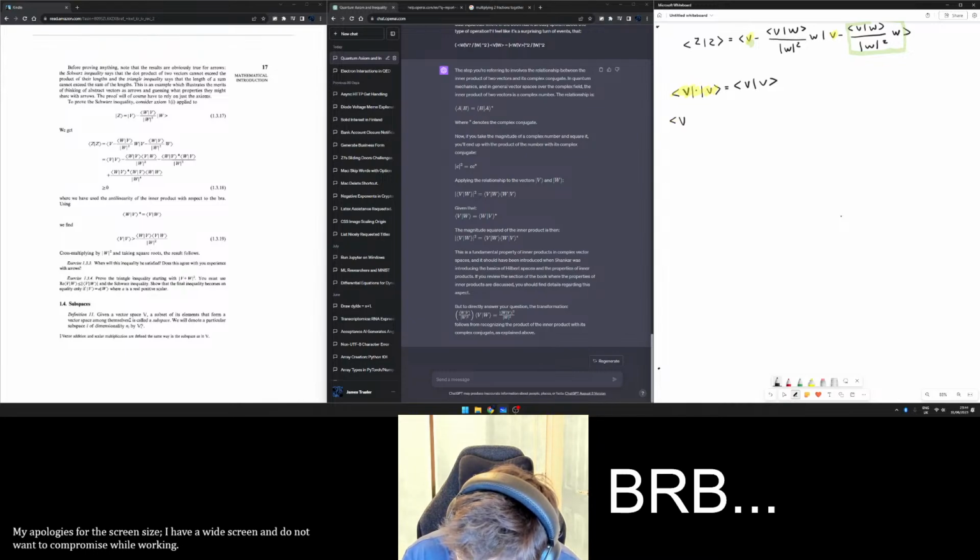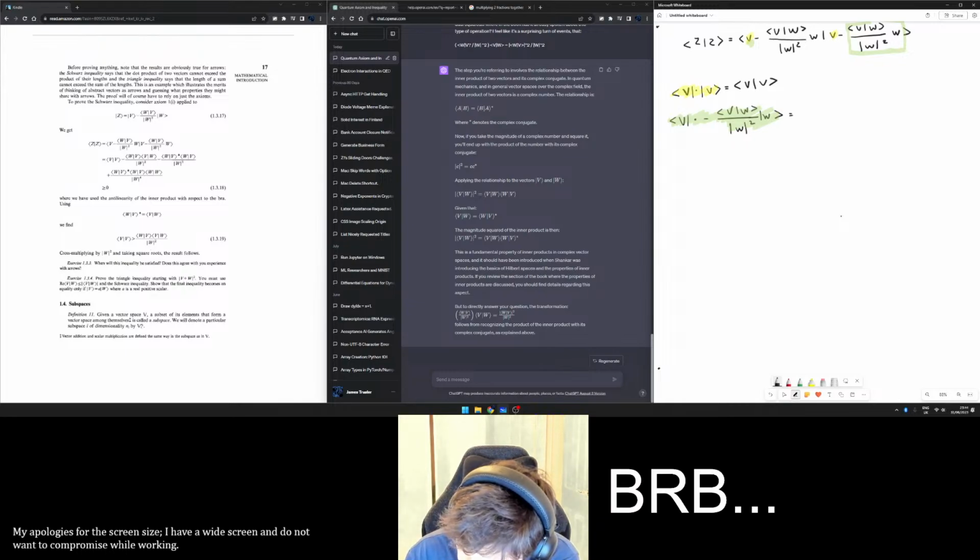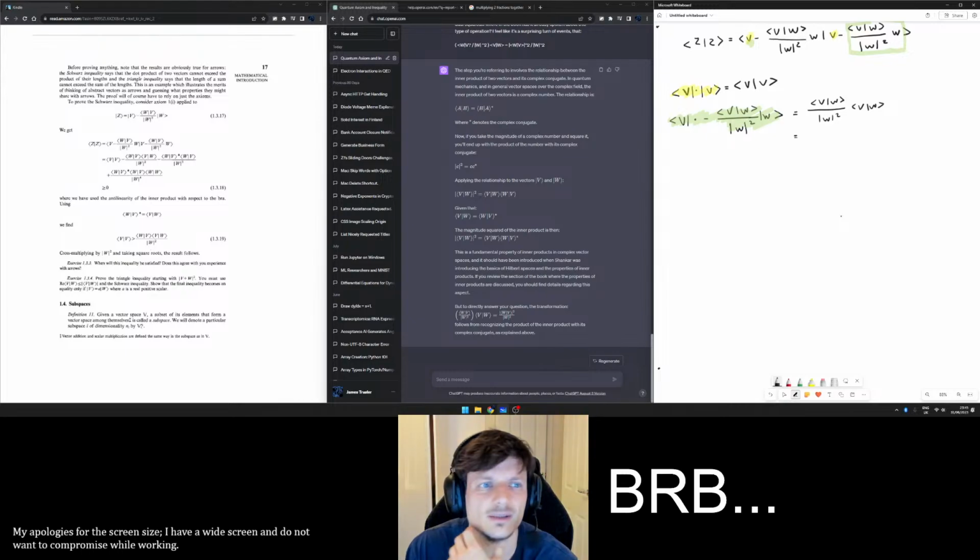So v times the negative of vw over w squared, like so, equals, and you can see that it's got to have the inner product there, so maybe we should do this on a new line, equals, maybe like this, vw over w squared vw equals, is it vw? wv.